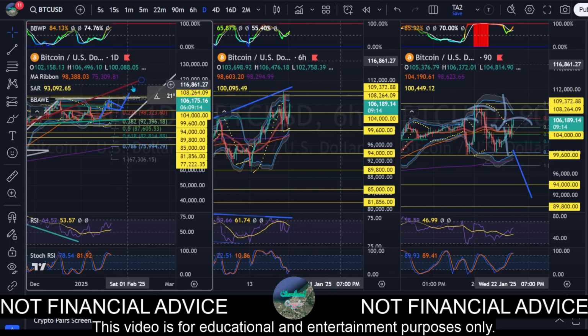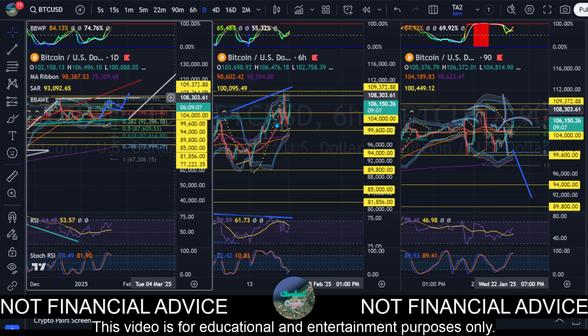So that would act as resistance, and that would be hanging out somewhere around 115 to, let's say, 120. So that's where we would see our next resistances above all-time high, 110 to 115, maybe 120.